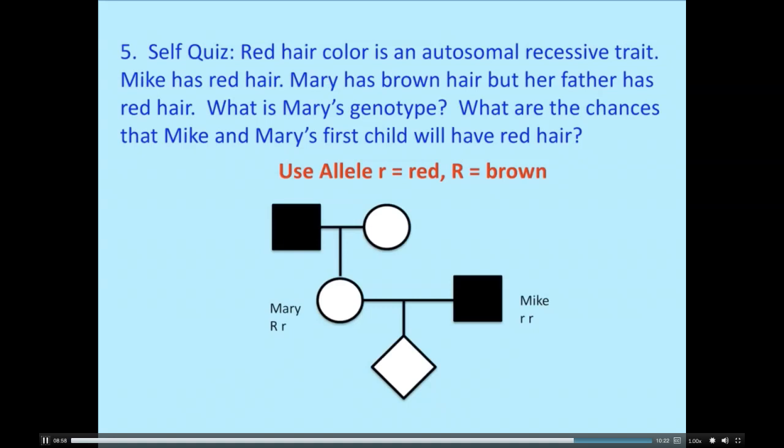Okay, so I'd like you to try to do this on your own, and this is another recessive trait, except now it's about red hair versus brown hair. Try to use the allele R, big R for brown, little r for red.